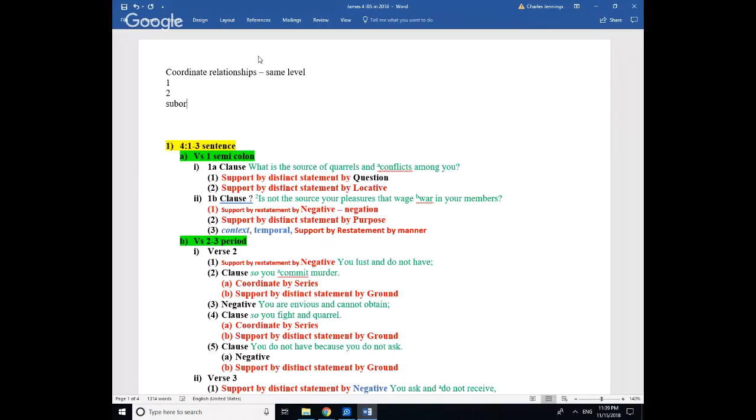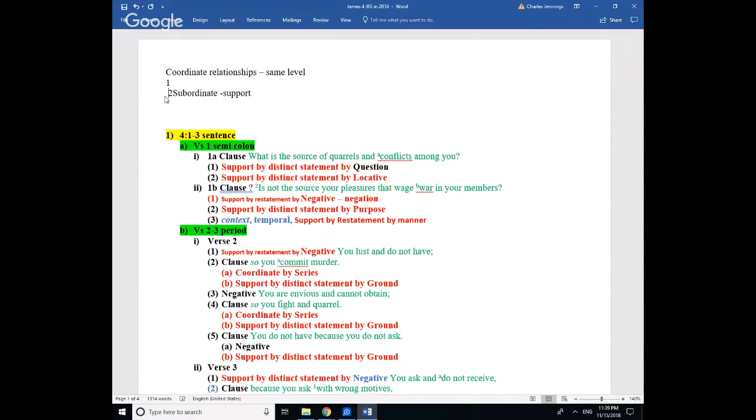Subordinate is another word for dependent clause, but they're using the word support. So we'll just use support. A support is going to do this. Sometimes it's going to be connected to the coordinate, and then it'll look more like this right here. You'll have 1 there, and then you'll have 2 here. You understand? So if you were phrasing it, you would move it over. Okay. So let's look at this.